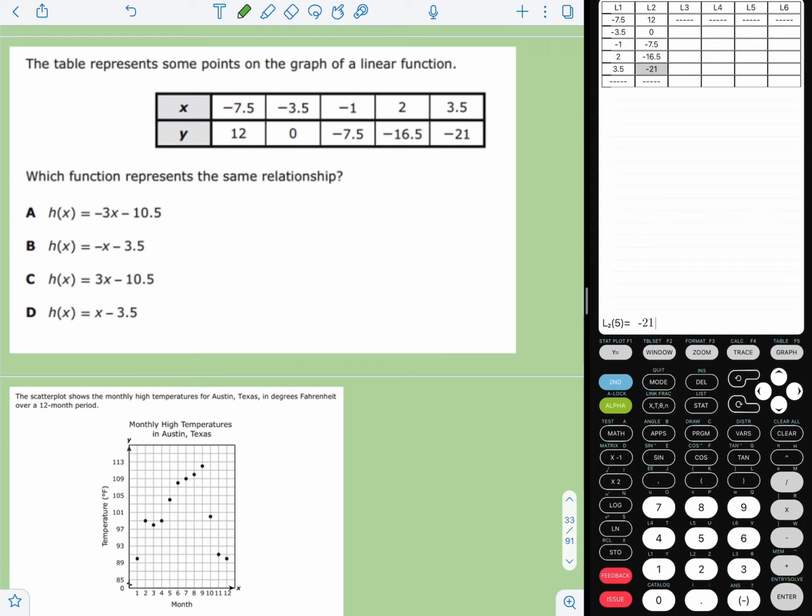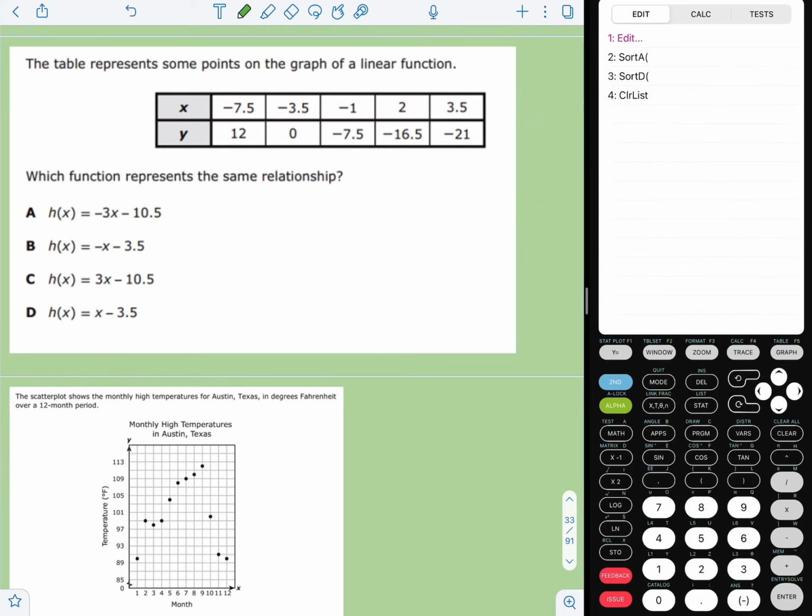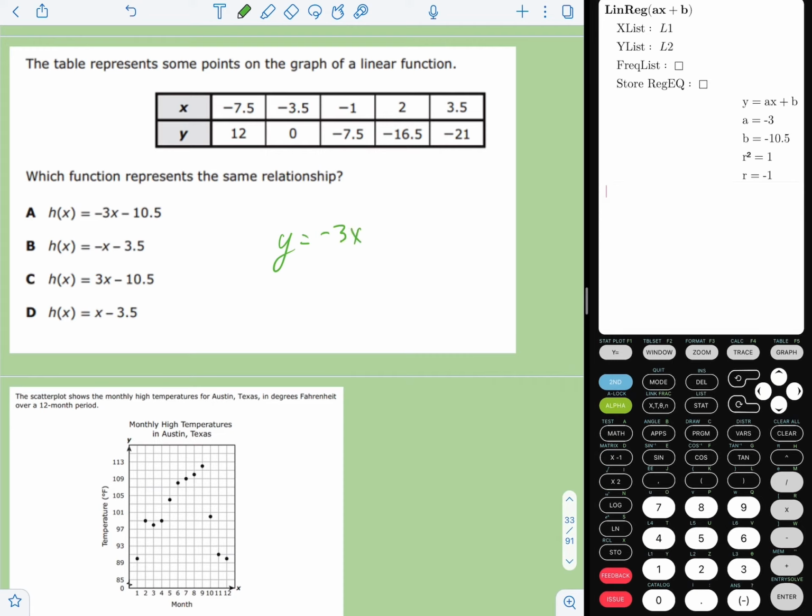All right, we press stat, go over to calculate, and press 4 and enter. Notice how we're given our A is negative 3, so that's y equals negative 3x minus 10.5, because that's our B. And the equation that represents this is A.